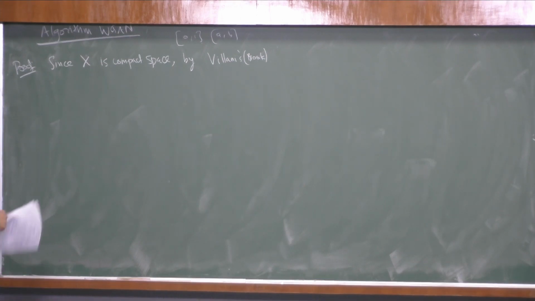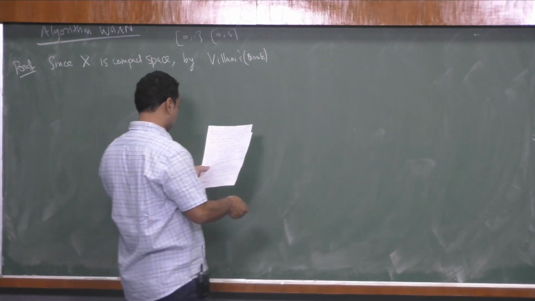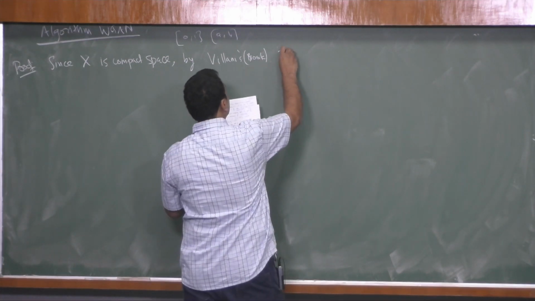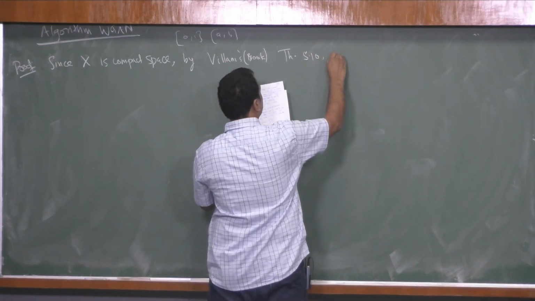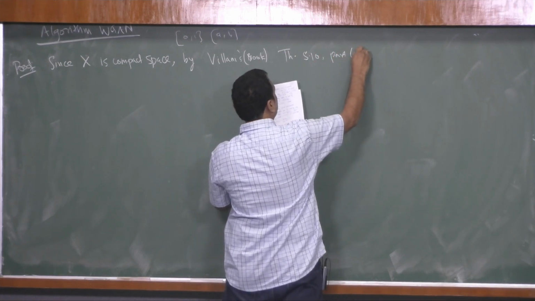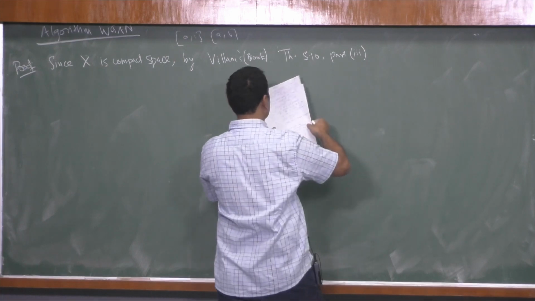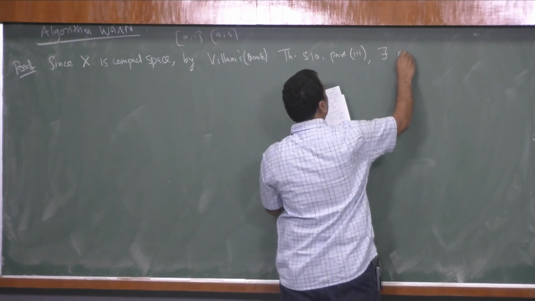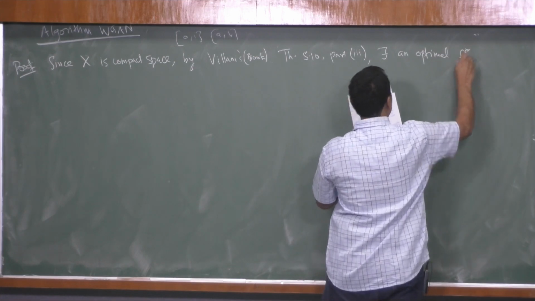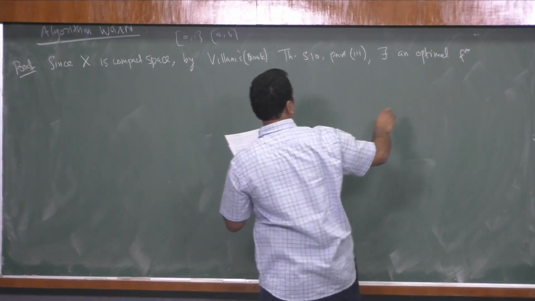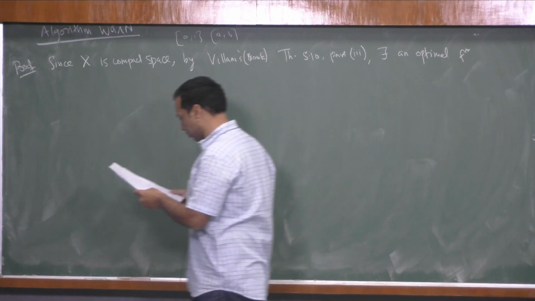Okay, so that's an existence proof, and that comes from theorem 5.10 part 3. So from part 3 there exists an optimal f star. So basically there is a solution to that dual form.